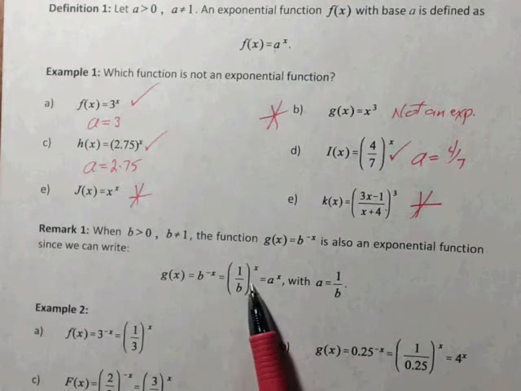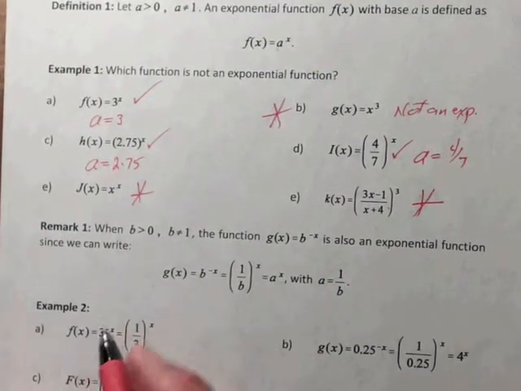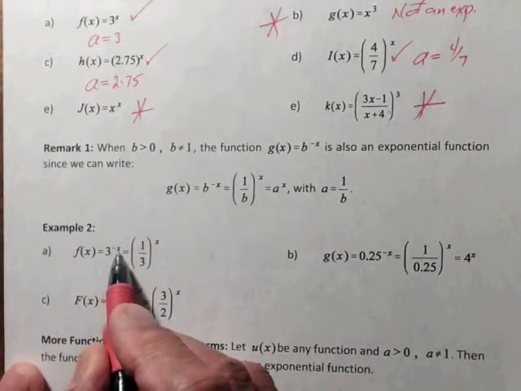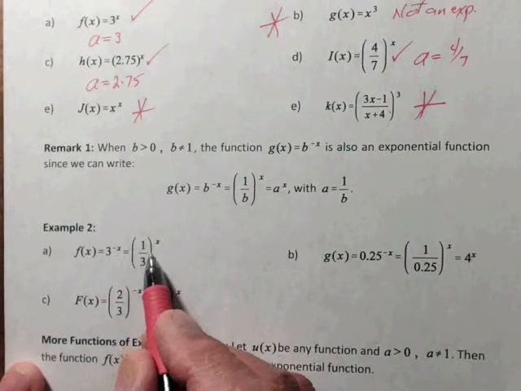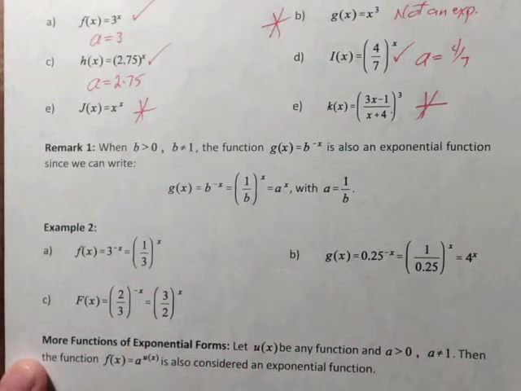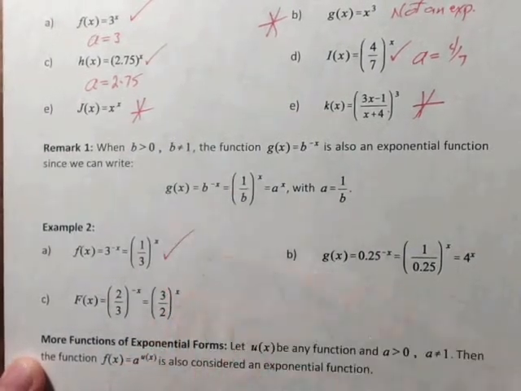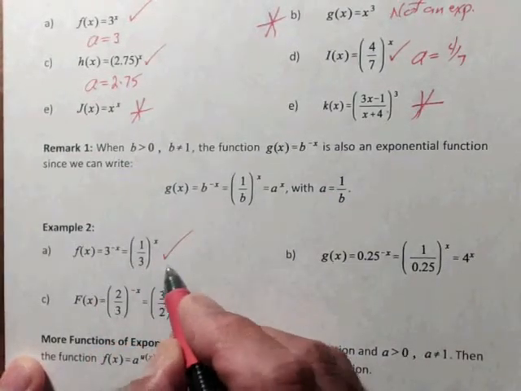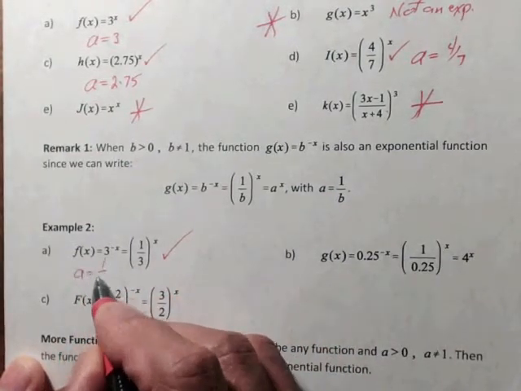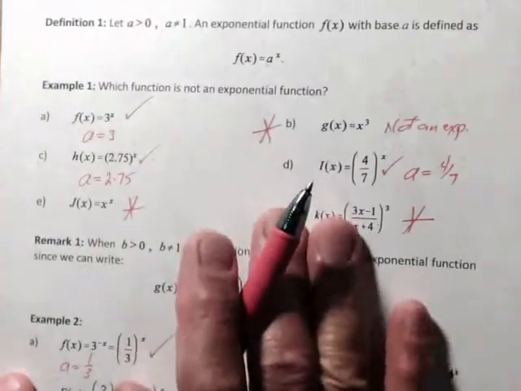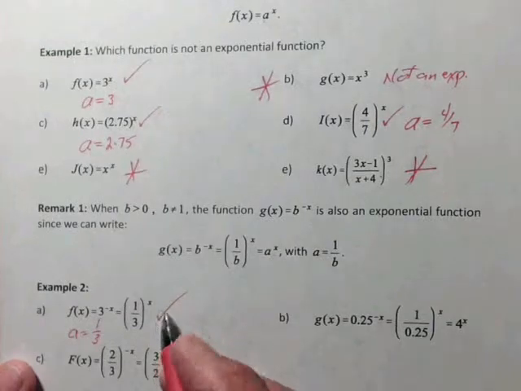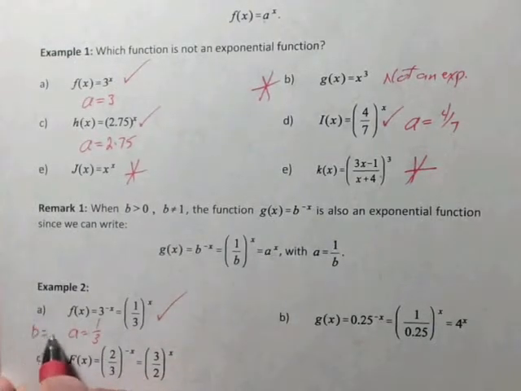converting the base. Like here, f of x equal to 3 to power negative x is actually 1/3 to power x. Okay, so this is an exponential function. So your a is actually 1/3. If you want to compare it with this guy, your b is 3.